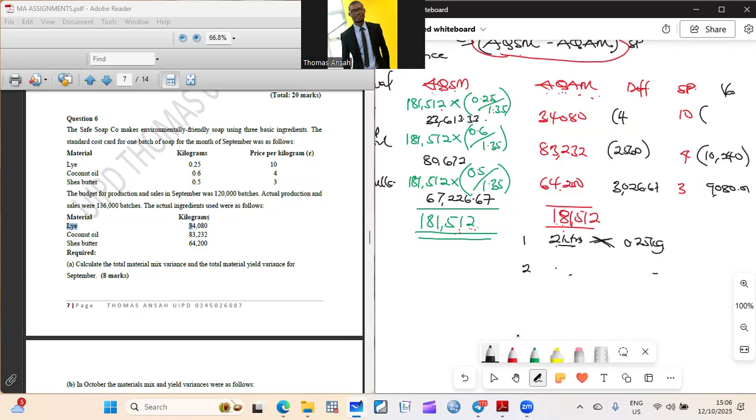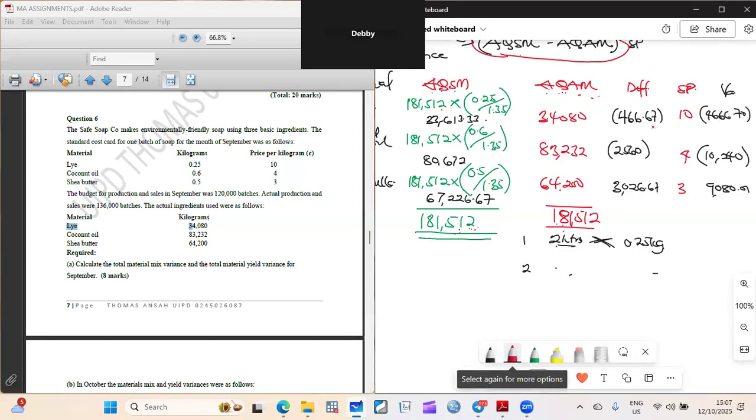The variance is what? But what is the value here first? You said negative what? Negative 466.67. So by 10 will be 4666.7. So already from here, you know that this is adverse, this is adverse, this is adverse.